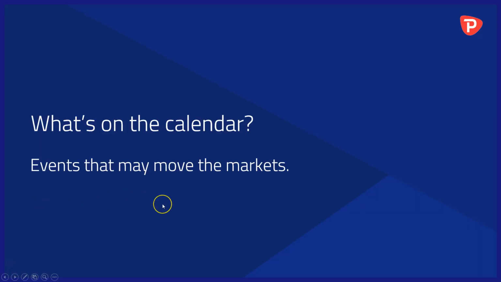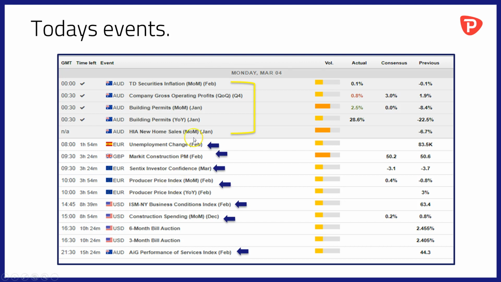Speaking of data, what's on the calendar, events that may move the markets today? Well, we've already had some pretty interesting data sets out of Australia this morning, including inflation, gross operating profits, building permits and new home starts, and we'll have a look at some of that data a little bit later on. To come in GMT Europe this morning, we shall have unemployment change data for February out of Spain.